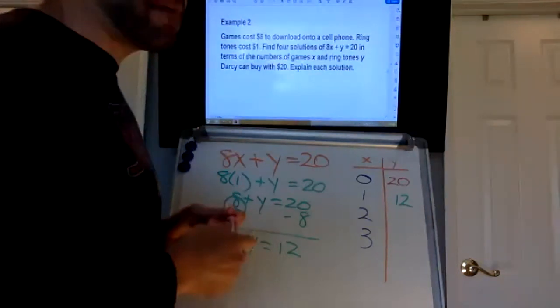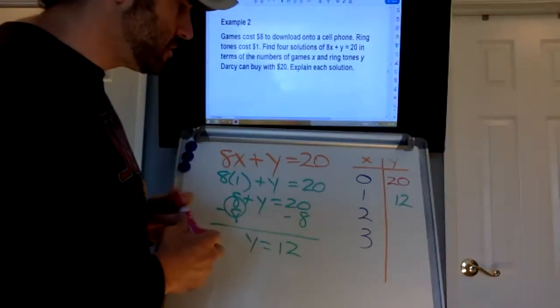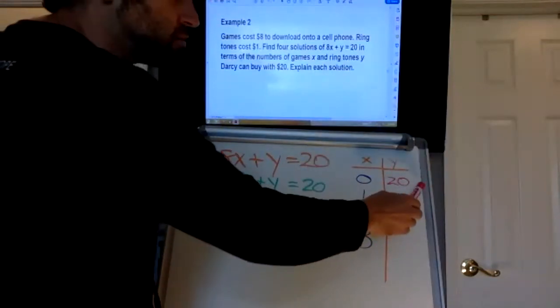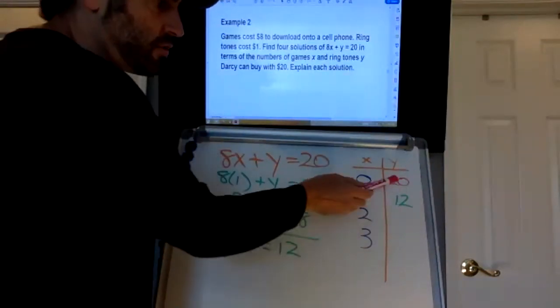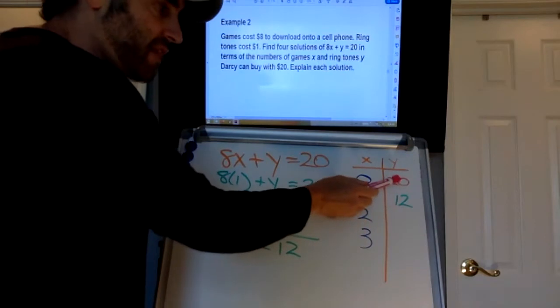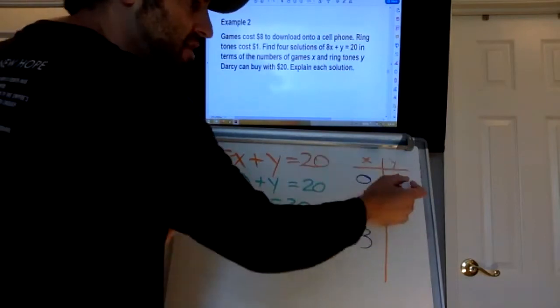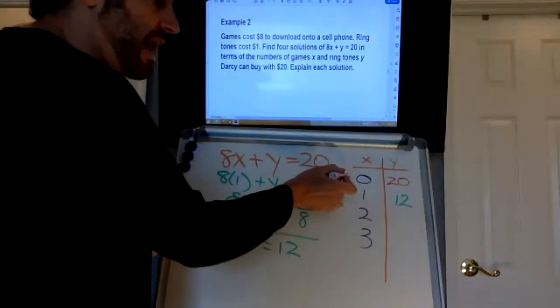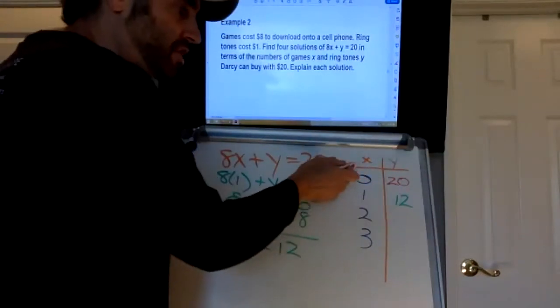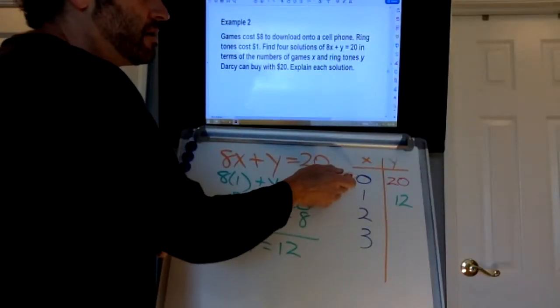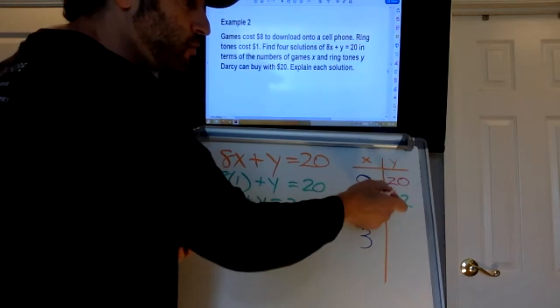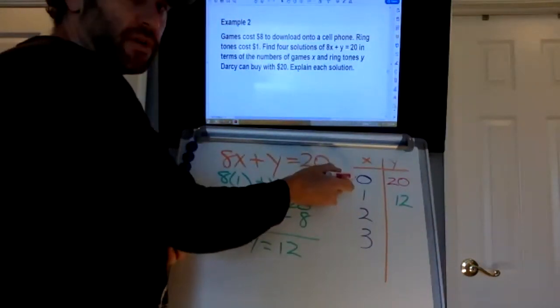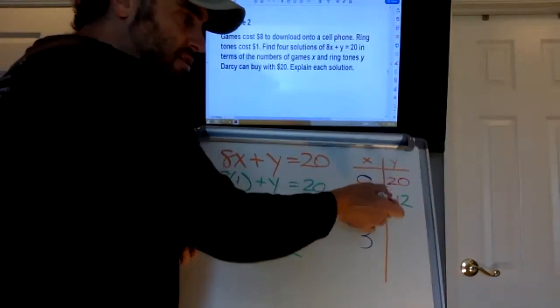Flip it over: change in Y over change in X. So how is Y changing? It's doing what? -8. This is a drop of 8, and it only happens when X changes by 1, right? Because this is a function. You don't get 20 and 12 for the same input. You must change the input to get that.